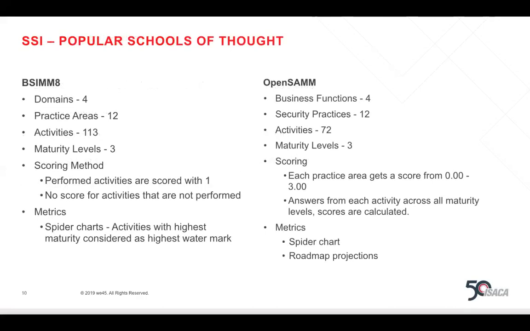So, just to bring a certain familiarity to an SSI, the two popular schools of thought are the BSIMM and the OpenSAMM. Of course, the BSIMM came out with its latest version a couple of weeks back.